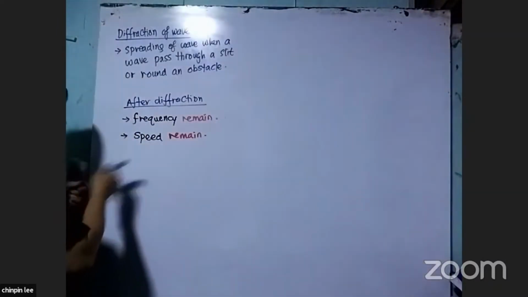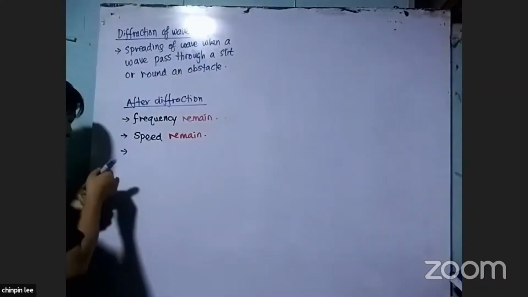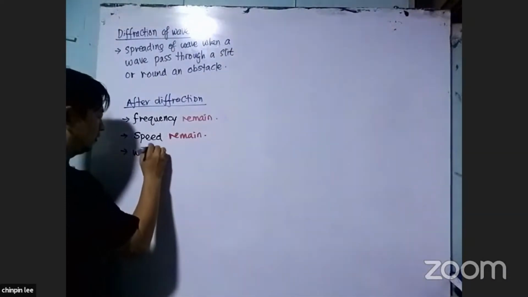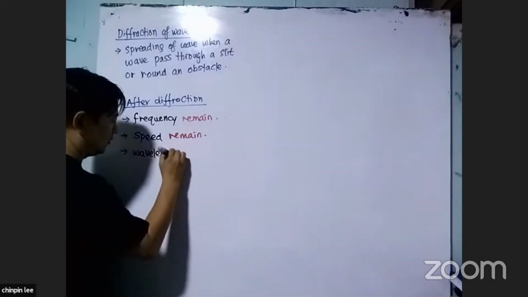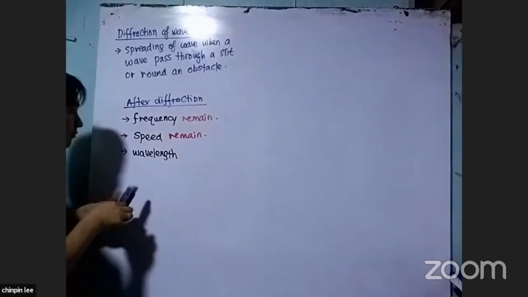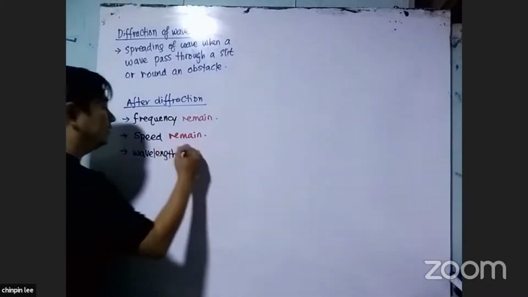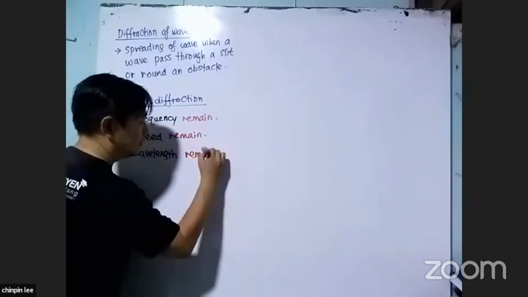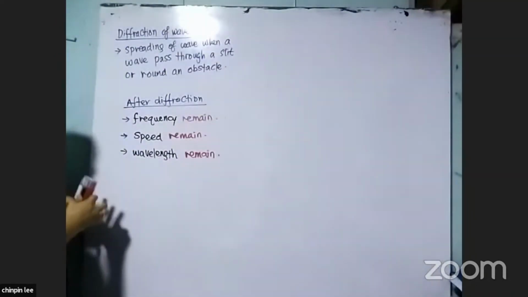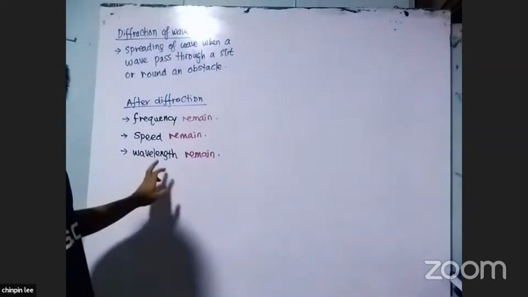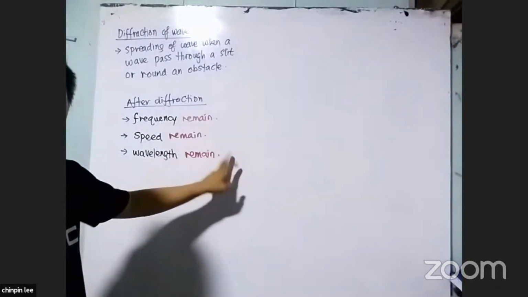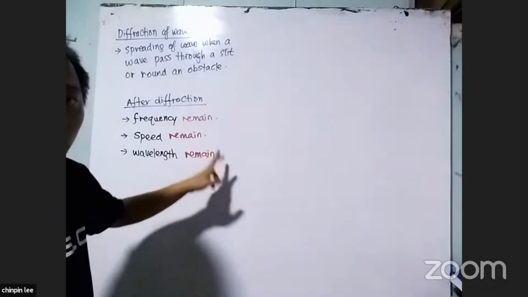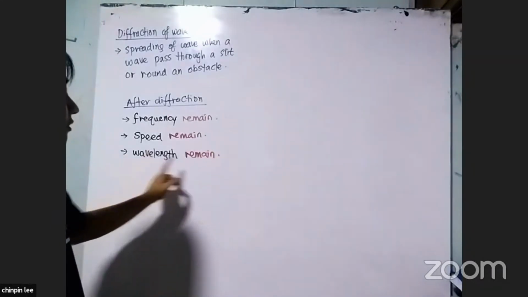Same as this, wavelength. Wavelength remains the same. Wavelength depends on depth. If the wave propagates to the deeper or shallow area, then the wavelength will change.